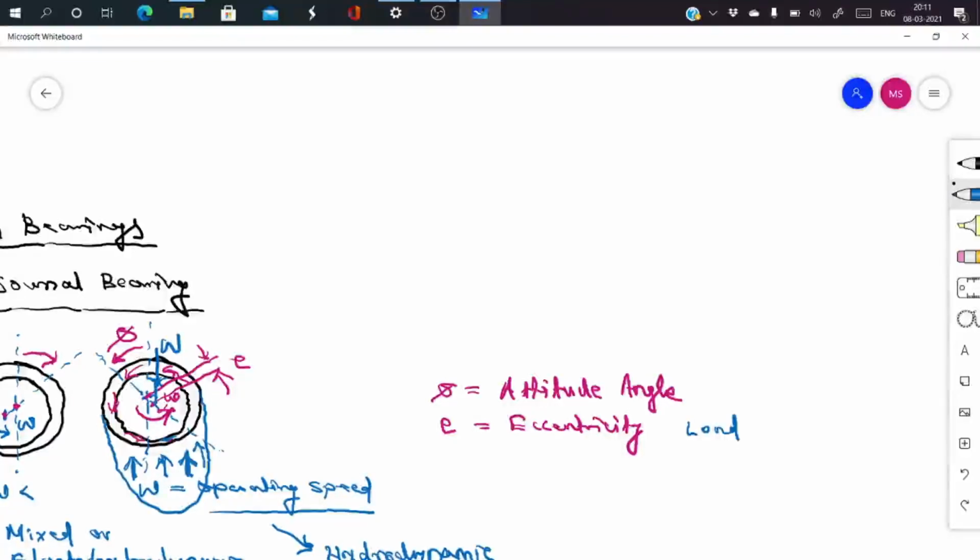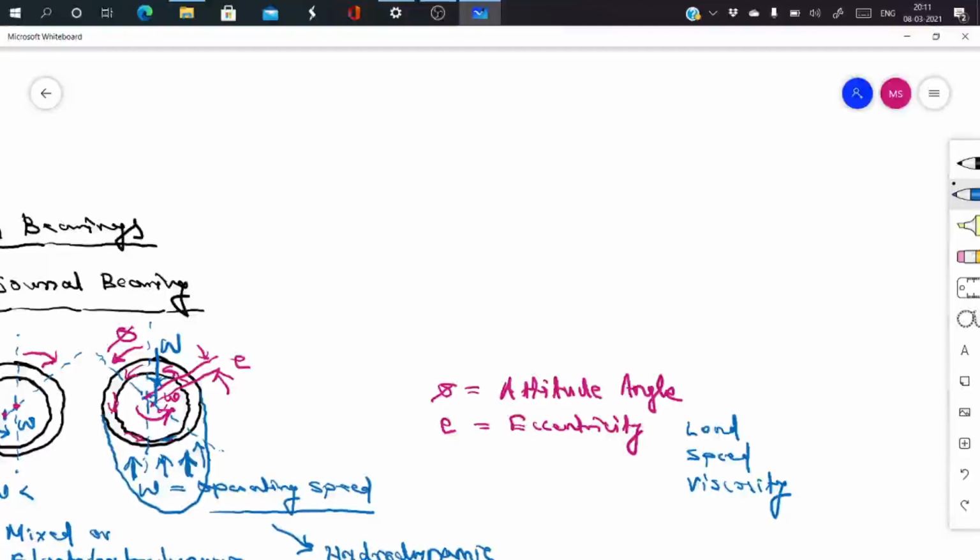Also, when speed increases, this profile will change. Therefore, the eccentricity will change with speed also. Again, with viscosity: if you change the viscosity of the fluid, then obviously you will have a different gap. So this eccentricity ratio controls everything with the help of phi.